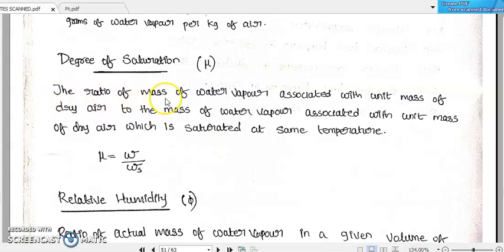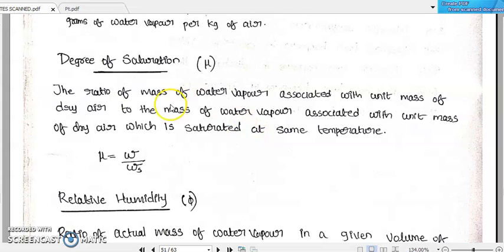It is the ratio of the mass of water vapor associated with unit mass of dry air, divided by the mass of water vapor associated with the same unit mass of dry air if it is saturated at the same temperature.